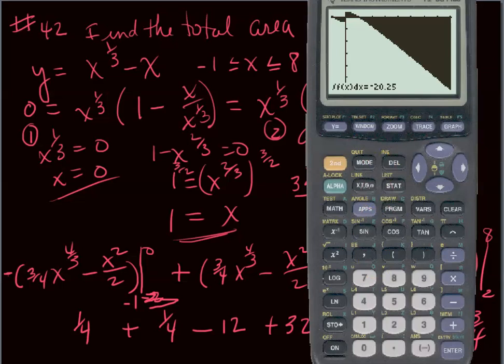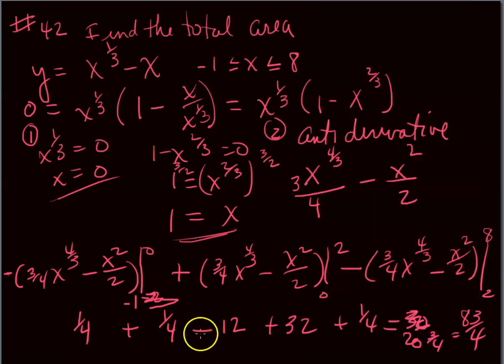So the 1/4 and the 1/4. And here, if we subtract 12, we get the 20 and a 4th. Came out negative, we have to make it positive. This negative is because of our subtraction here and stuff. Clicking in the 8 and the 2.